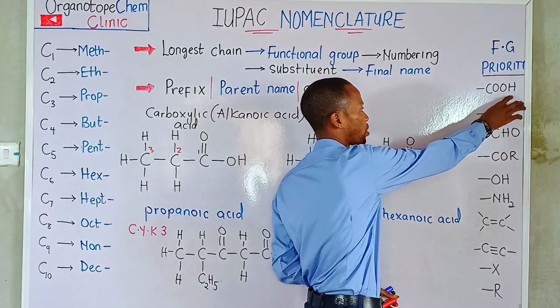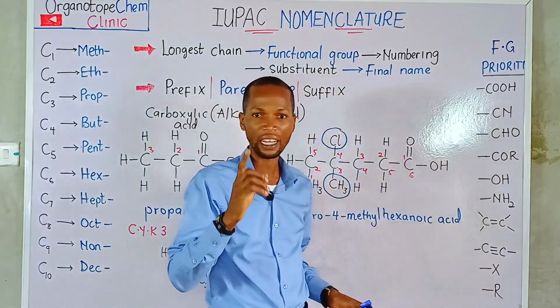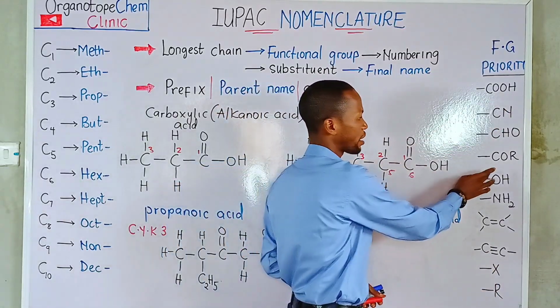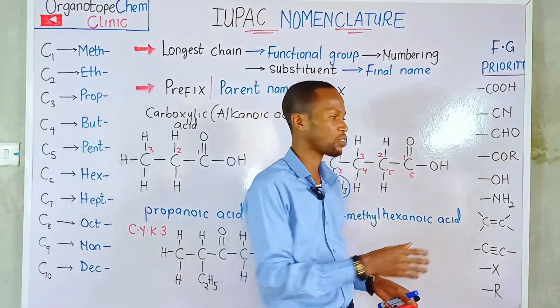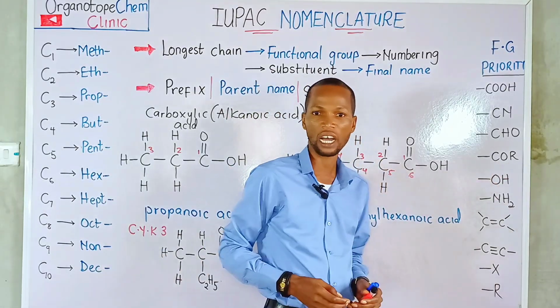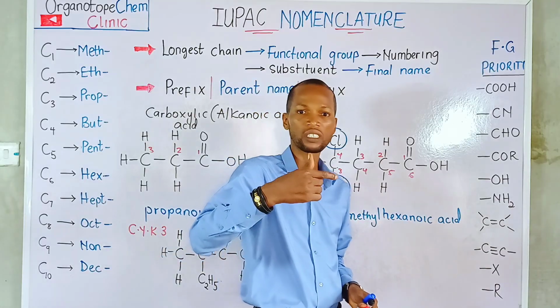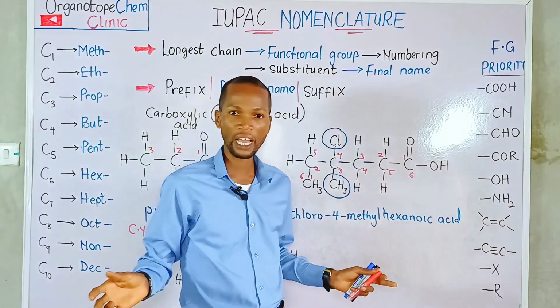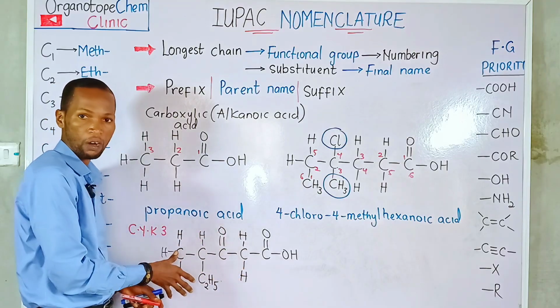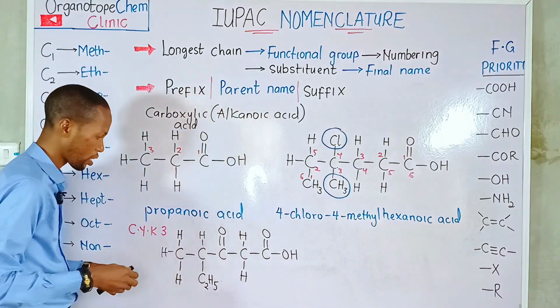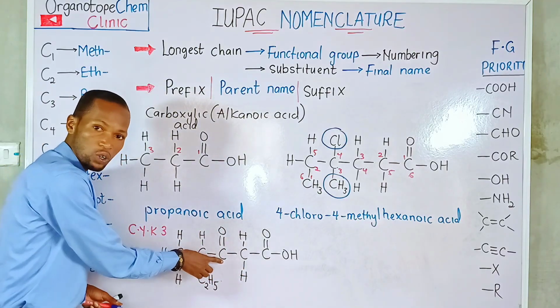So the alkanoic functionality is considered the principal functional group, while the alkanone functionality is the subsidiary functional group. When alkanone is taken as a subsidiary functional group, it will take the prefix name oxo. So the alkanone will be found at the prefix position for this compound. So we are going to have the alkanone as oxo.